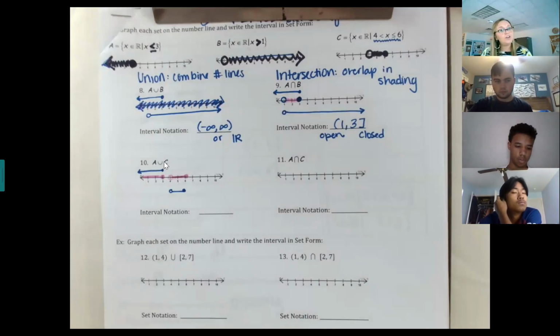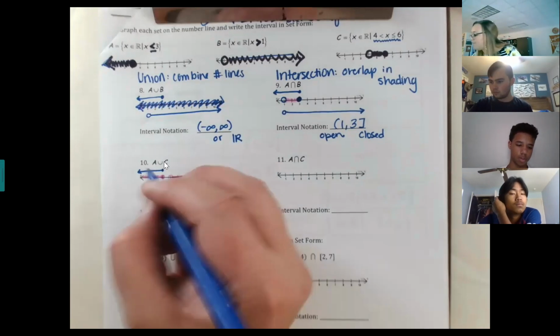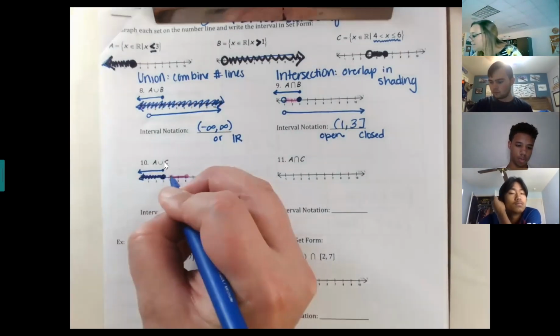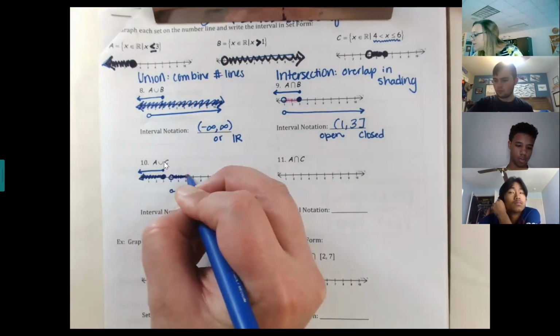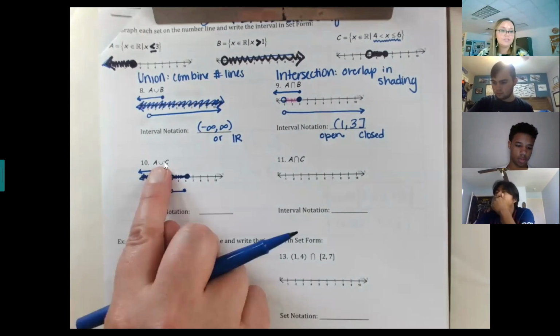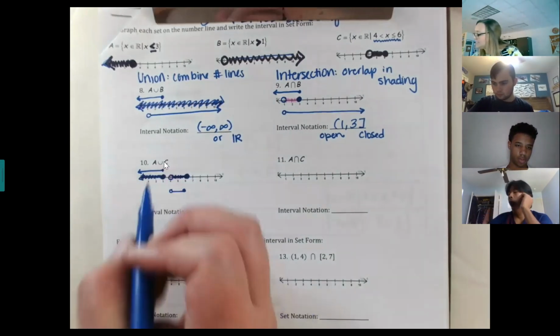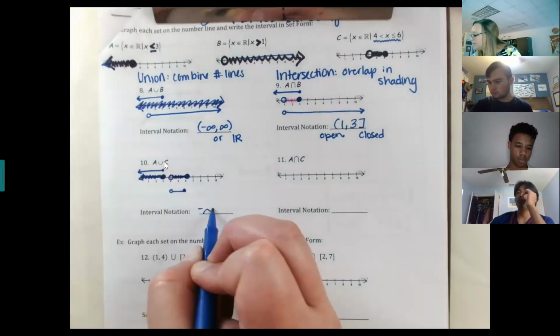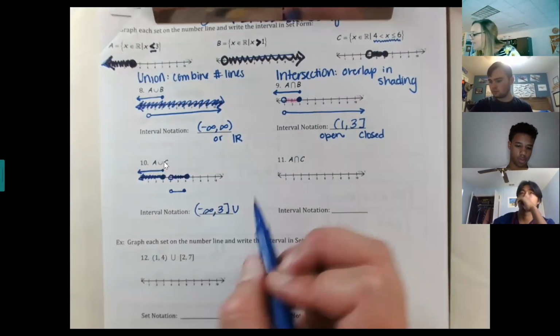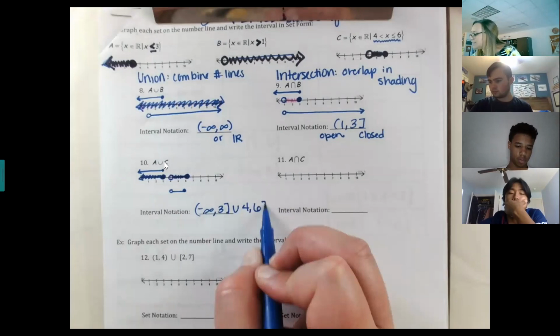And then what you're going to notice is that you end up with 2 sections of shading. I have this section here, and then I have this section here. So the little U that you use up here, we're going to reuse that. We're going to say this is from negative infinity until 3, union, and then 4 to 6.